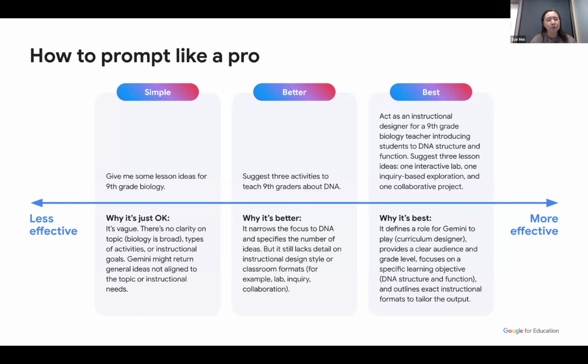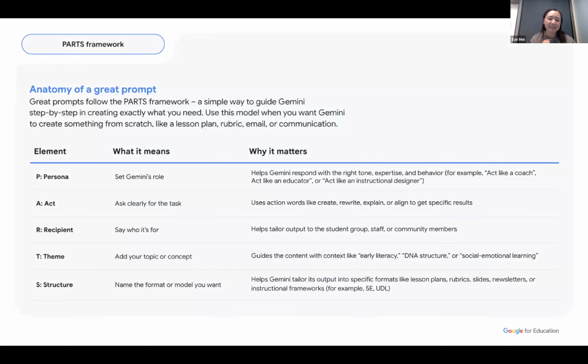But our best approach relies on this framework, PARTS. You give your Gemini a role, a persona, right? And then you tell it clearly what you want it to do, whether you want it to draft a paper, rewrite this, or create a lesson plan. Recipient: who is it for? And then theme: give it more topic or more context, your learning objective, what do you want to achieve, right?